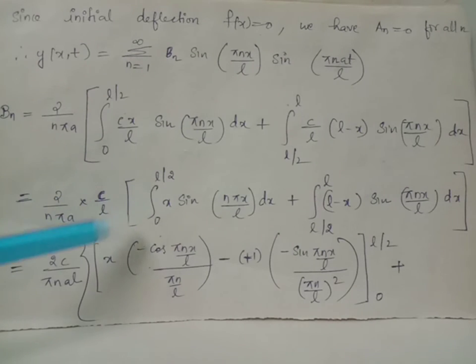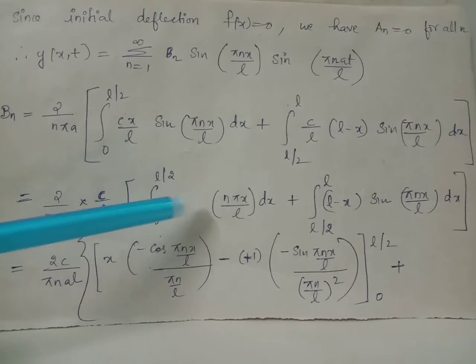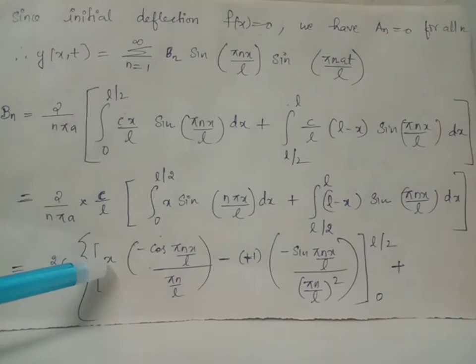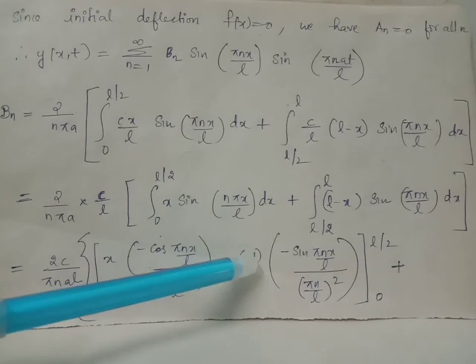Here, first function is written as it is. Sin pi n x by L is integrated to obtain negative cos pi n x by L divided by pi n by L, minus derivative of first function with respect to x is 1.